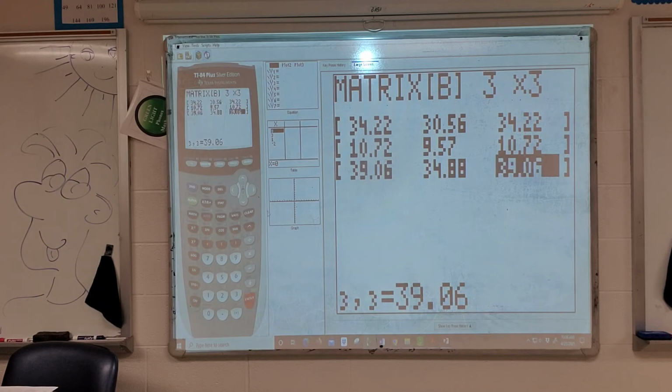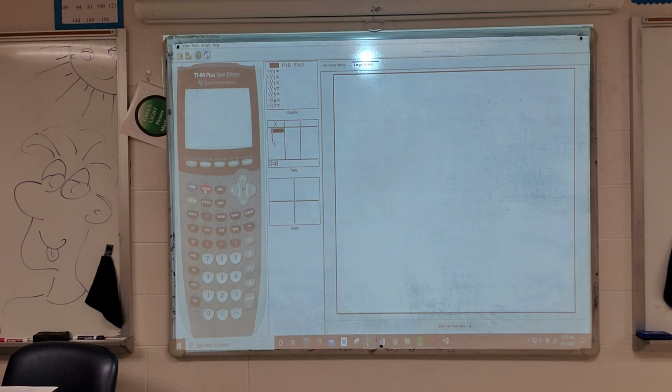Okay. Double check, make sure everything's typed in correctly because you don't want to mess this up. Once you're sure everything is in correctly, you're going to hit second quit again.